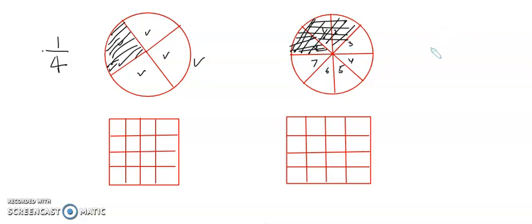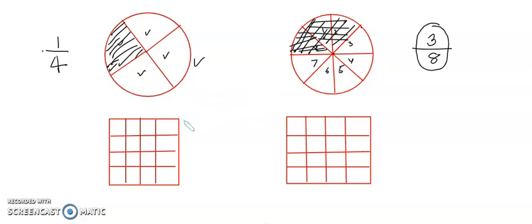Total is 8, so 8 will come in the denominator, and how many are shaded? 3. So we will say 3 by 8 is the fractional representation of this shaded region. I hope it is clear.